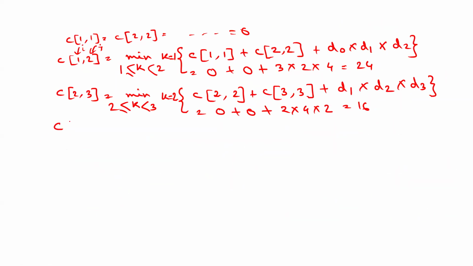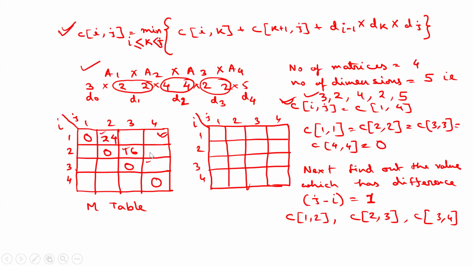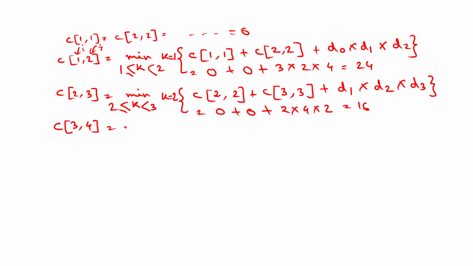Next calculate C34. That is this cell, the next cell. Same way, minimum where k is greater than or equal to 3 and less than 4. So here the only k value is 3.